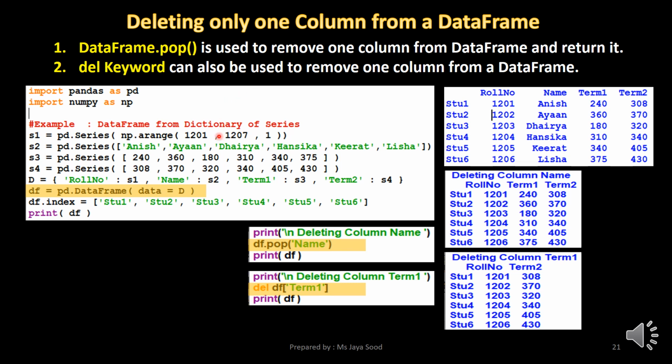Continuing with our previous example of a data frame created from a dictionary of series with columns roll number, name, term1 and term2, the statement df.pop('name') will remove the name column from the data frame as shown here in the output. The statement del df['term1'] will now remove the term1 column from the data frame as shown here in the output.